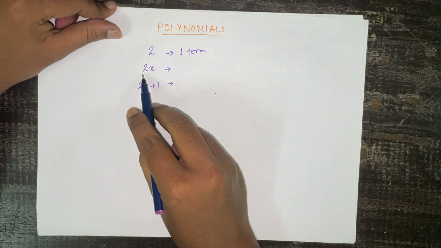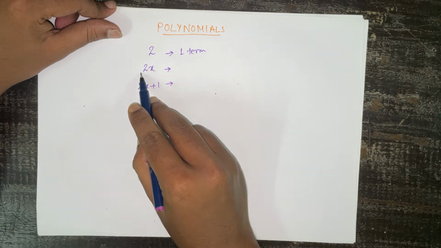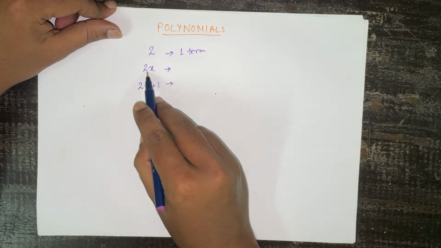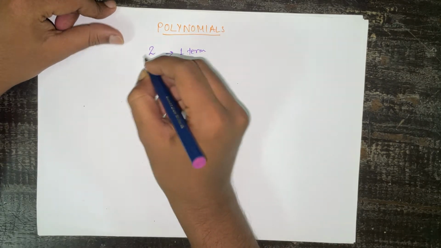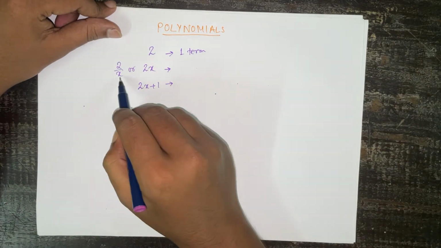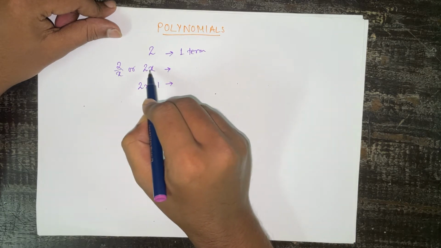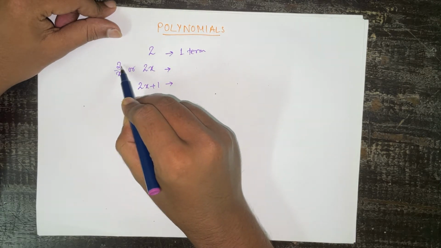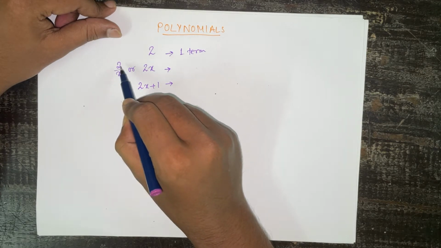So here what we have done is we have multiplied 2 with x. So in 2x, 2 and x are the factors. When we write 2 by x, or 2 divided by x, here also these numbers are factors. 2 and x are two numbers which are divided, x is dividing 2.